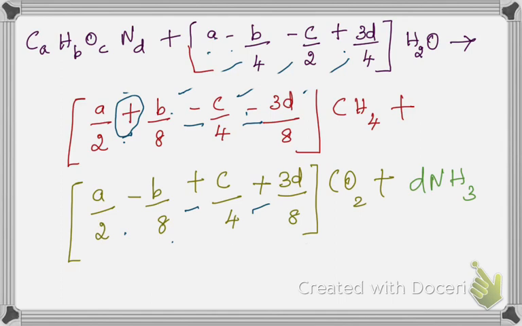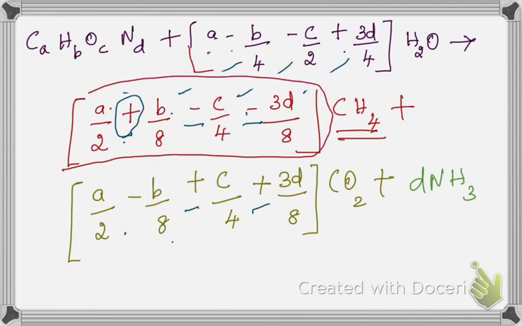For methane, CH4, we have the empirical relationship A by 2 plus B by 8 minus C by 4 minus 3D by 8. This is going to be the mole of methane. That is, out of 1 mole of decomposable matter, how much methane is going to be evolved. So this is the one we are going to determine. For this we are going to use this empirical relationship.